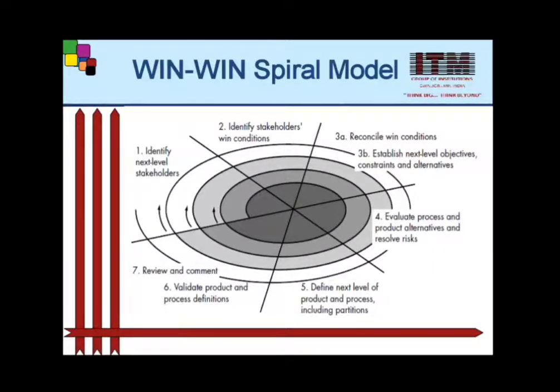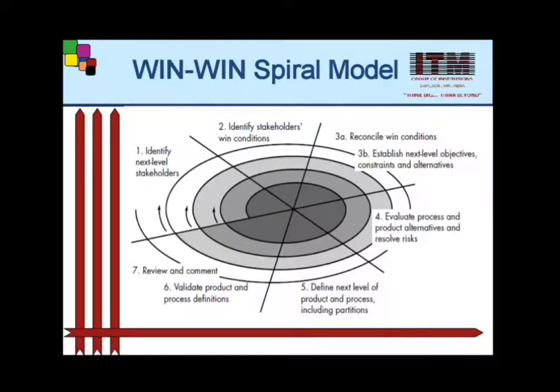It identifies the system or subsystem key stakeholders, determines the stakeholders' win conditions, and also negotiates the stakeholders' win conditions to reconcile them into a set of win-win conditions for all concerned. Okay, we can say that after successful completion of these initial steps, we achieve a win-win result which becomes the key criterion for proceeding to software and system definition.